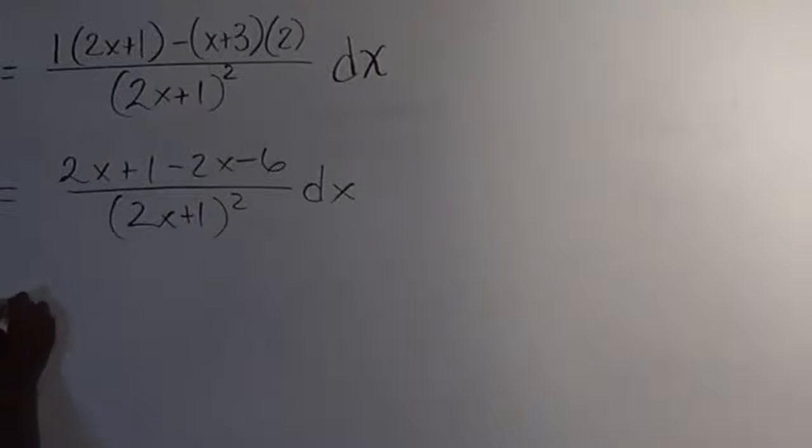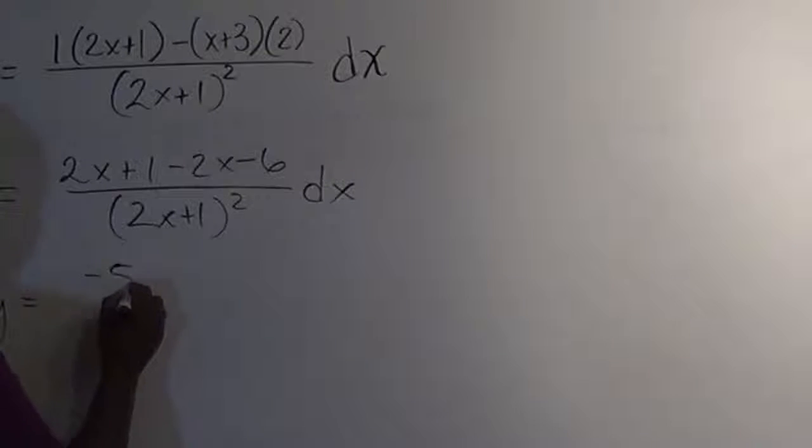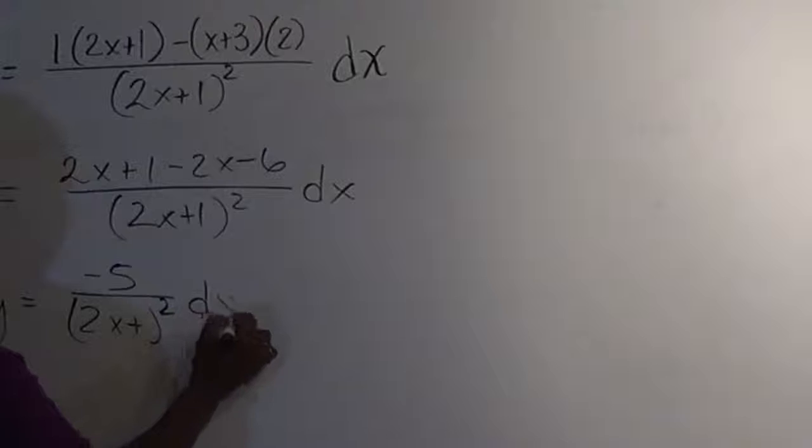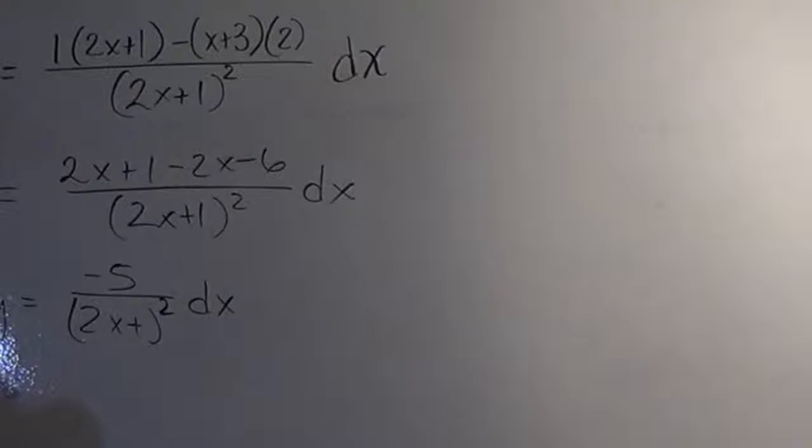So dy will look like minus 5 over (2x plus 1) squared dx. Okay? And that's the differential. In this case, since we're not given an x value and a delta x value, all we're going to do is get the function for the differential.